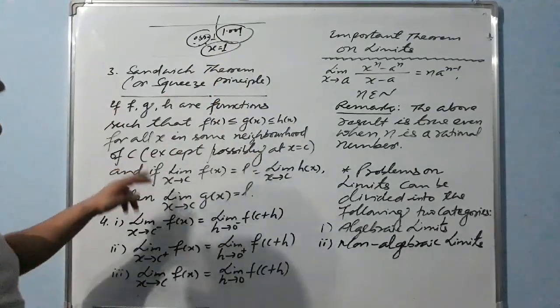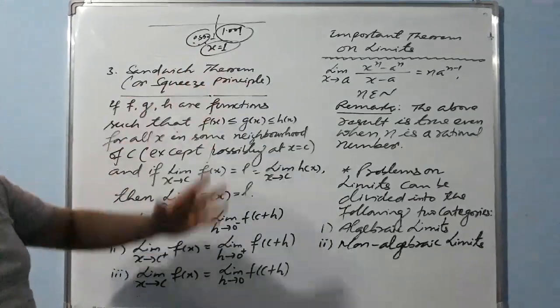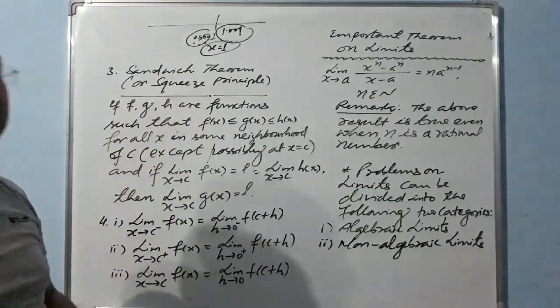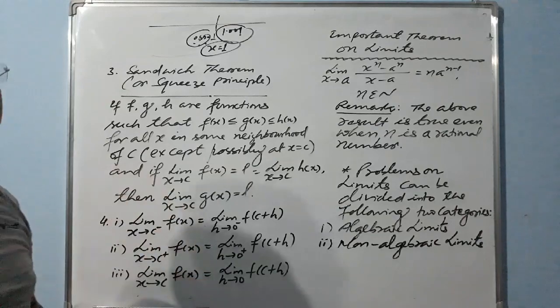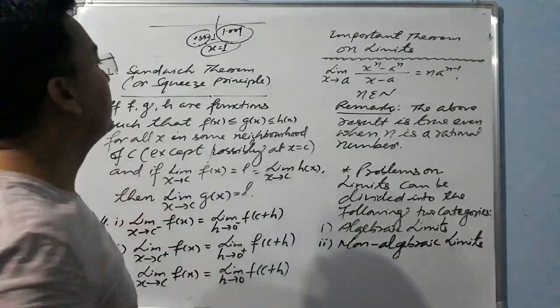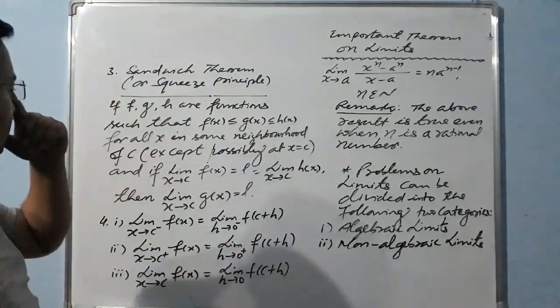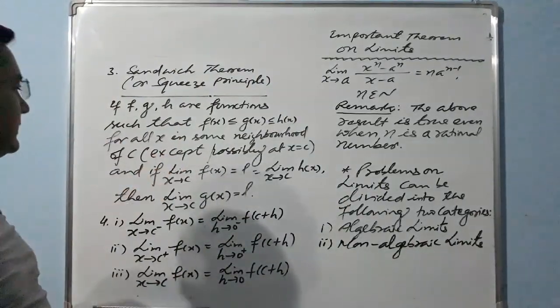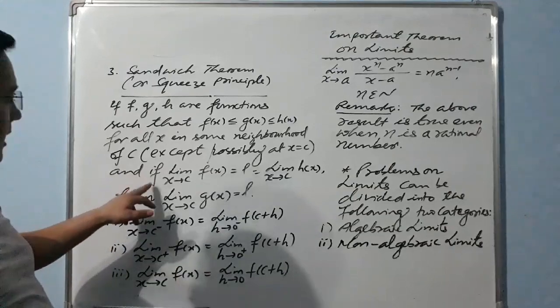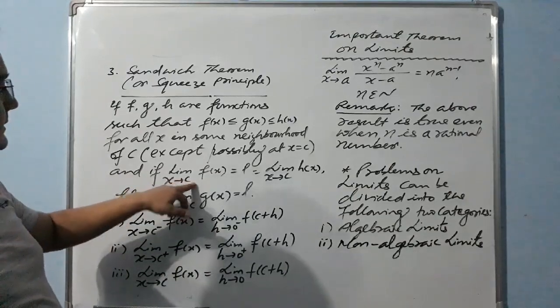Neighborhood of 1 means it may be from the left side of 1, or it may be from the right of 1, right? So I think this is clear: neighborhood of c, except possibly at x is equal to c.